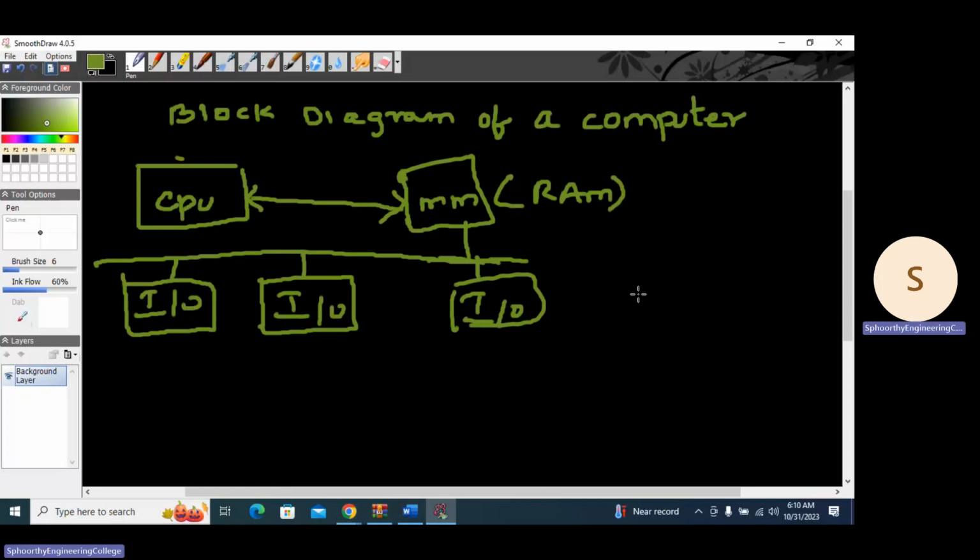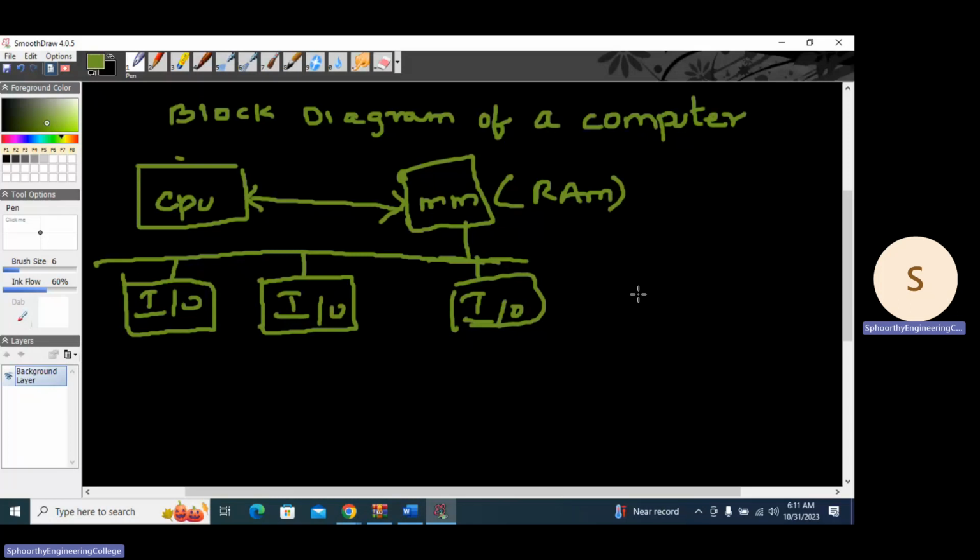There are several reasons why the CPU does not interact with other devices. One common reason is the CPU is a high speed device, a very, very fast device, and generally the IO devices are very, very slow. That's the reason the CPU will never interact with these devices directly, and comparatively main memory is a very fast device when compared to other IO devices. So the CPU directly interacts with main memory.